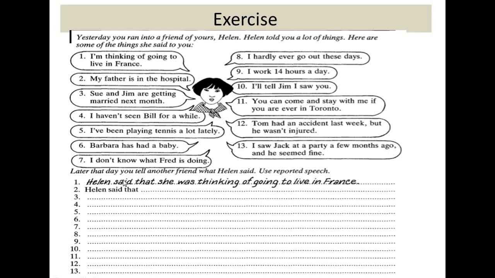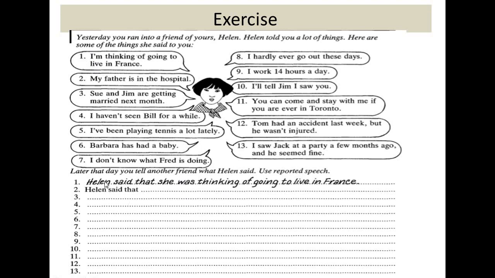So here we have Helen. Helen said that, it is optional, Helen said that she was thinking of going to live in France. So here I am becomes was, and she.